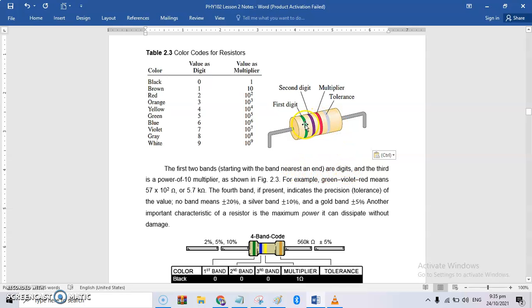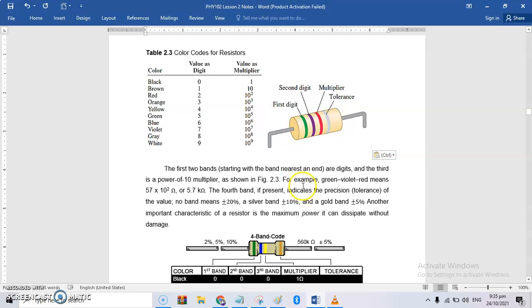For example, si green. Ano si green? It's 5. So, first digit is 5. And the second digit is violet. That is 7. The multiplier, when we say multiplier, that is just 10 to the power of. So, it is red. So, 10 to the power of 2.